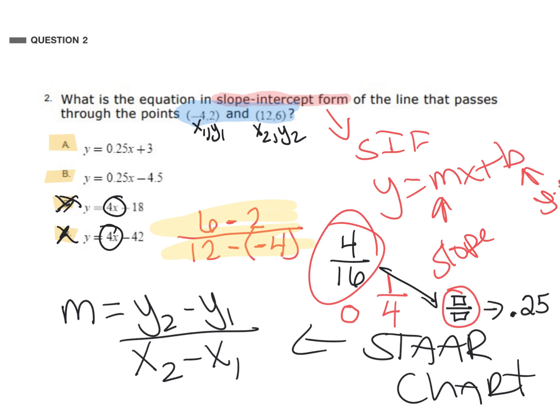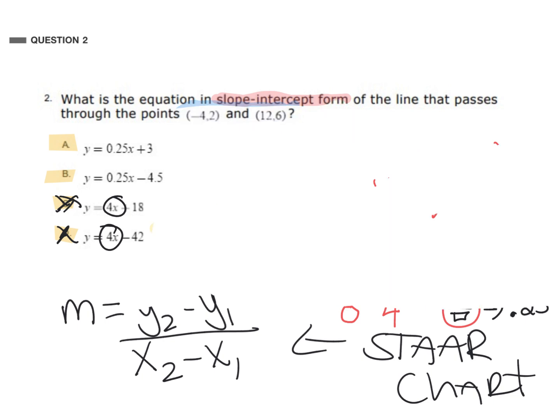So this is where I'm going to need to find my y-intercepts. So to find my y-intercept, I'm still going to use, I found that my slope was that 1 over 4, okay, or 0.25. Okay. To find my y-intercept, I'm going to still use my y equals mx plus b.